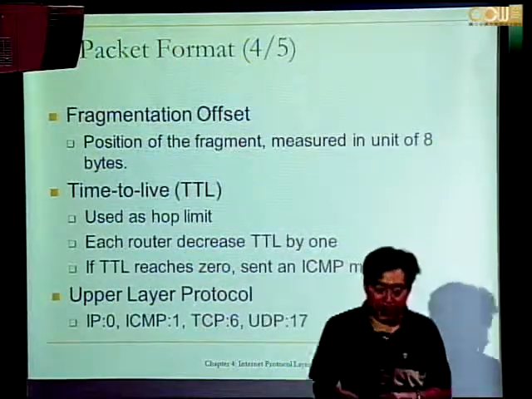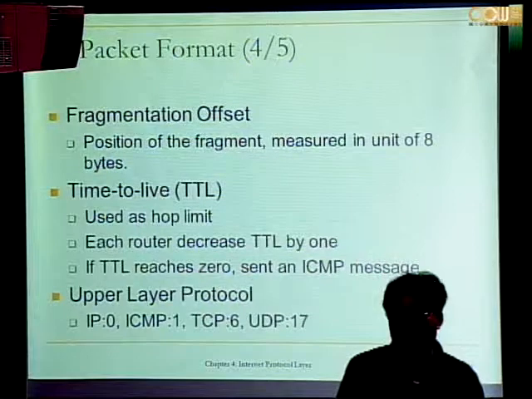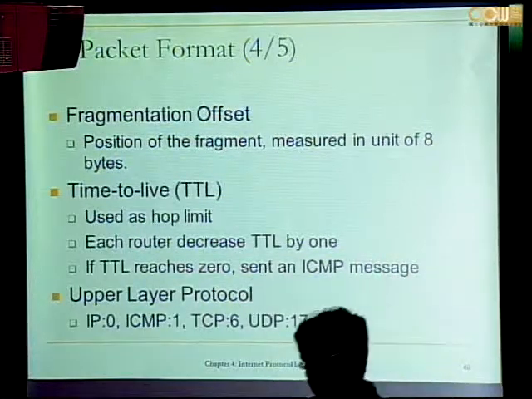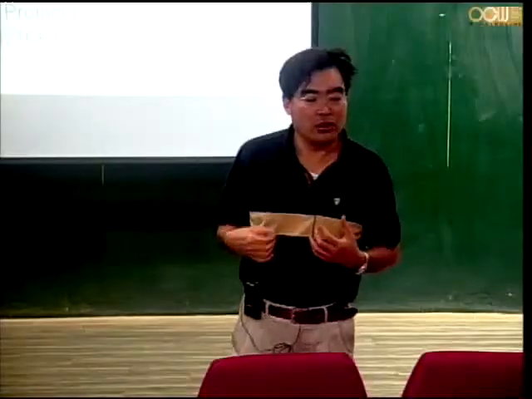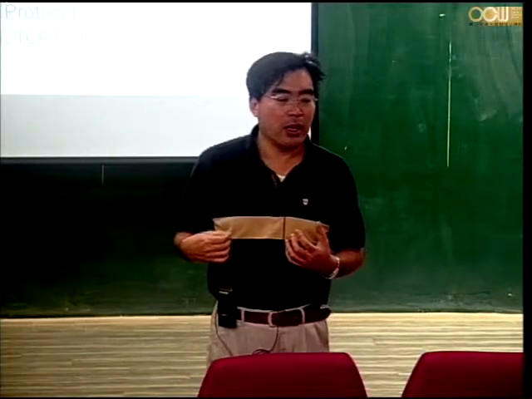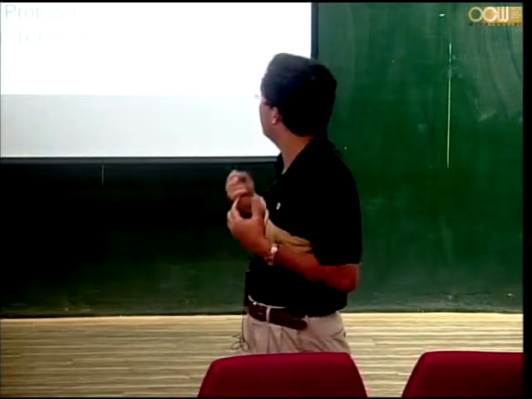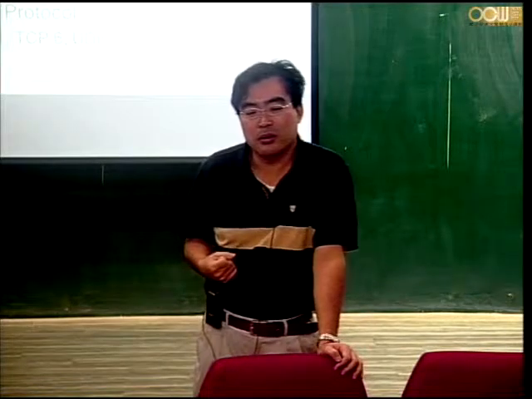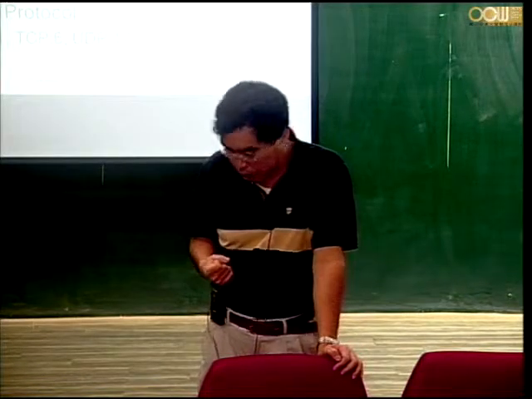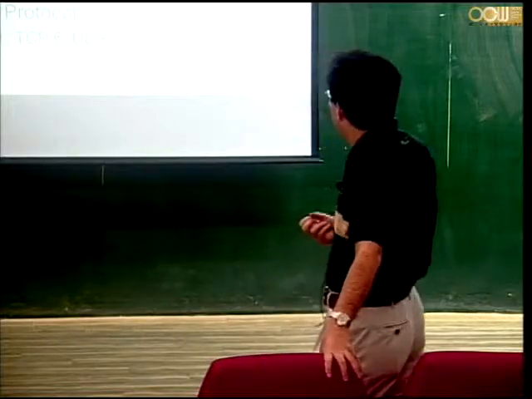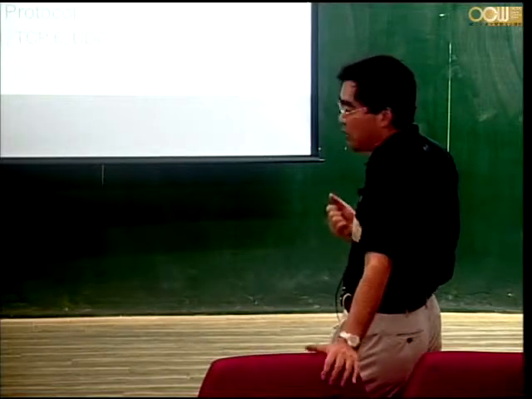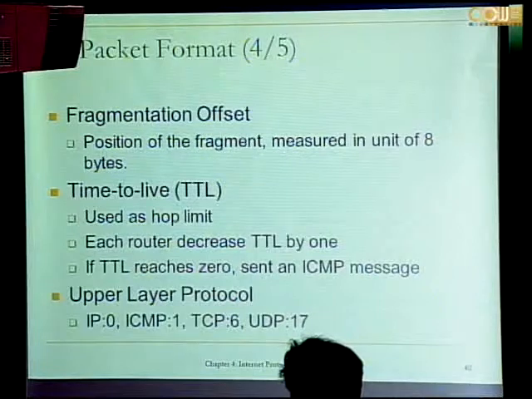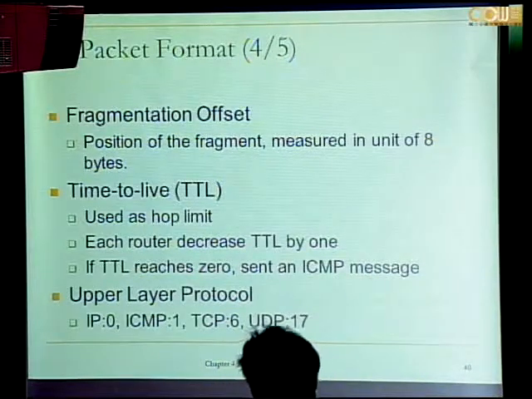So if I have a packet traversing 10 hops, then each router would deduct TTL by 1. And if TTL happens to reach 0, then this packet should be dropped. And then the router should send an ICMP message to the source of the packet.